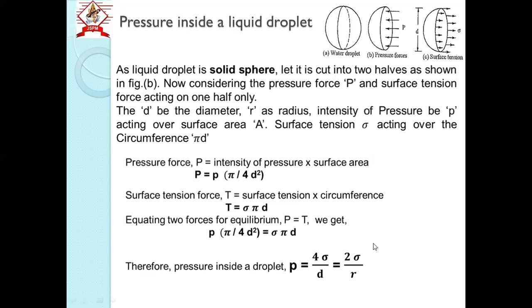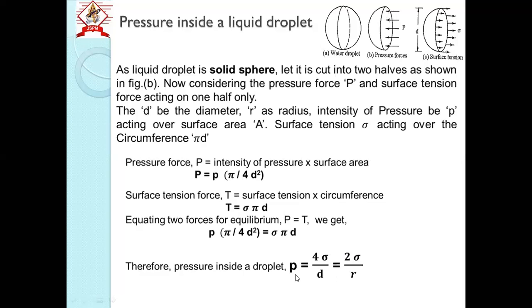Now remember this equation. So pressure inside a droplet is given by 4 sigma upon d, or if in place of d we put the radius, d is nothing but double the radius, so it becomes 2 sigma upon r. So pressure for a droplet will be 4 sigma upon d or 2 sigma upon r if r is the radius, right? So this is a simple small derivation to find the pressure inside a liquid droplet.